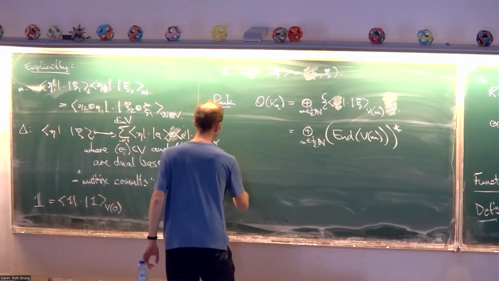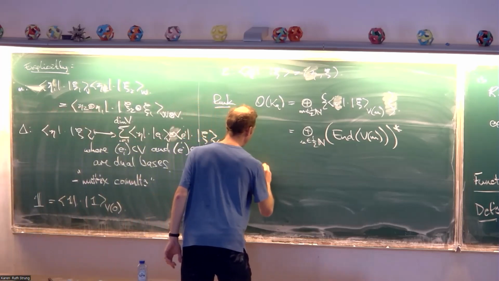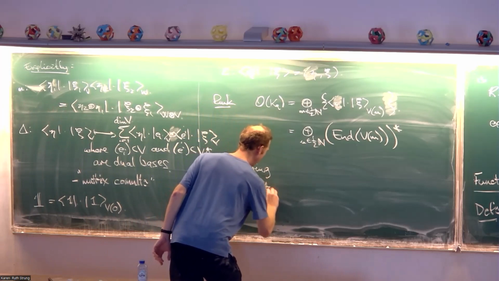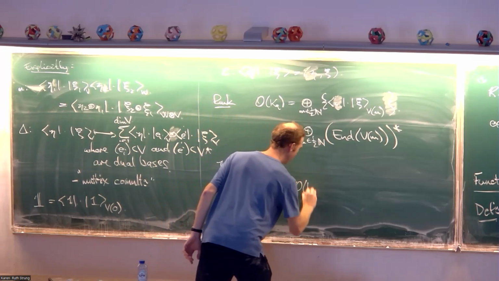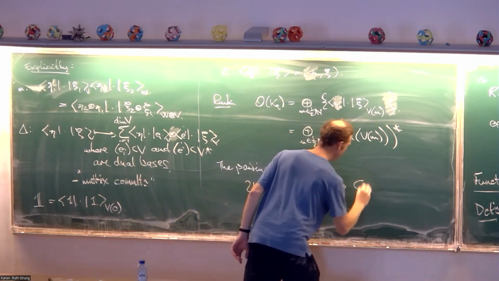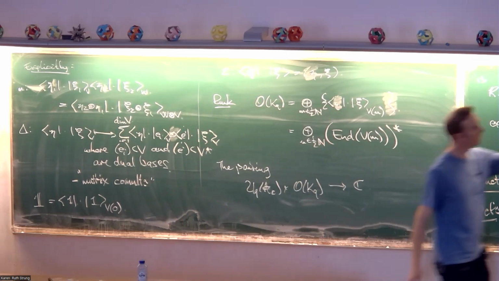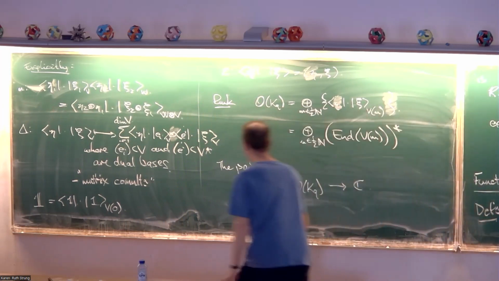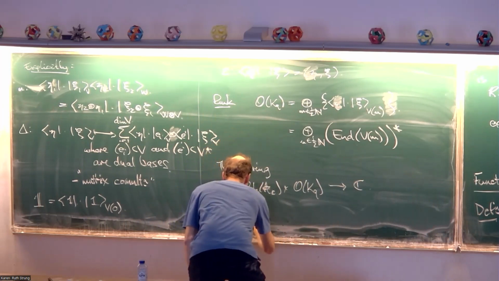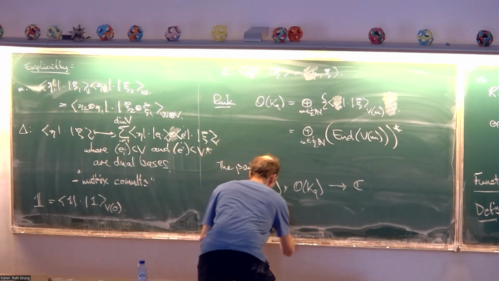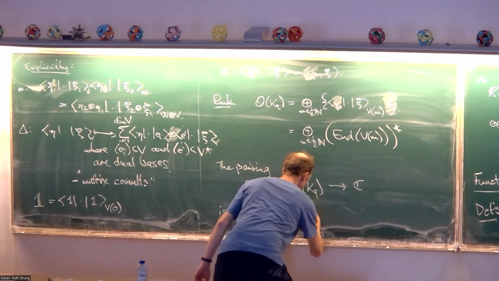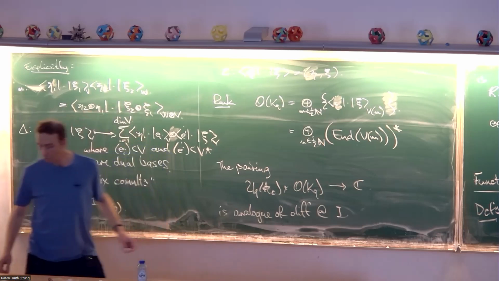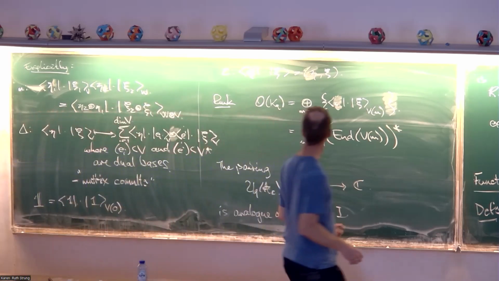So the pairing that we get just by the fact that these guys are dual to each other is the analog of differentiation at the identity element in the group. But we might want more general distributions.